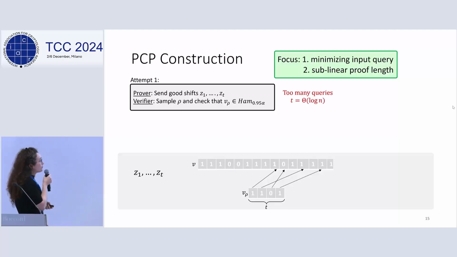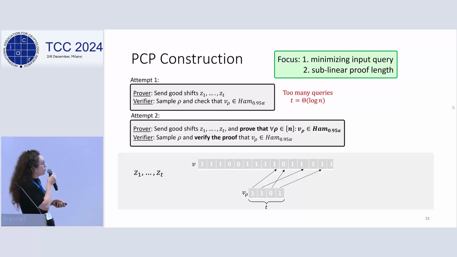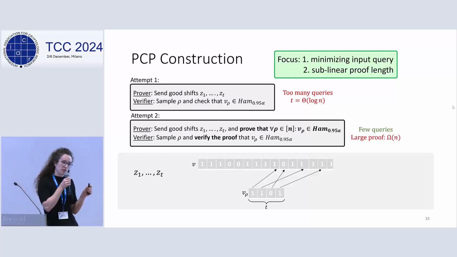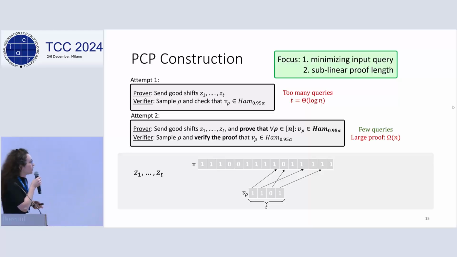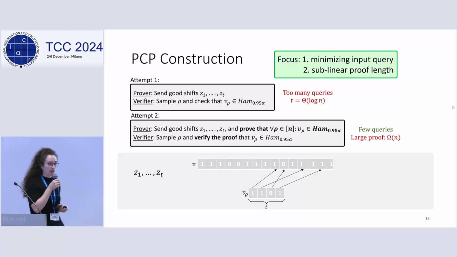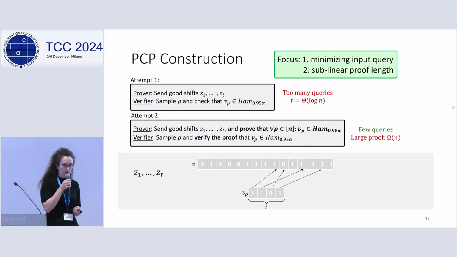In order to solve this, we do a recursive step and make the prover prove for the small vector V row that it has high Hamming weight, rather than for the large vector V. And the verifier will sample a row and check the proof that V row has high Hamming weight.